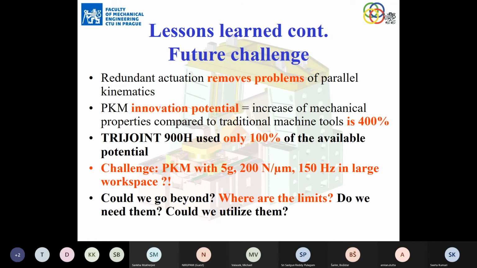In future, we can even double that and go into incredible values. The question is whether the manufacturers of machine tools and users of machine tools are capable of using it at all, because we are maybe capable of designing more than they are capable of using.